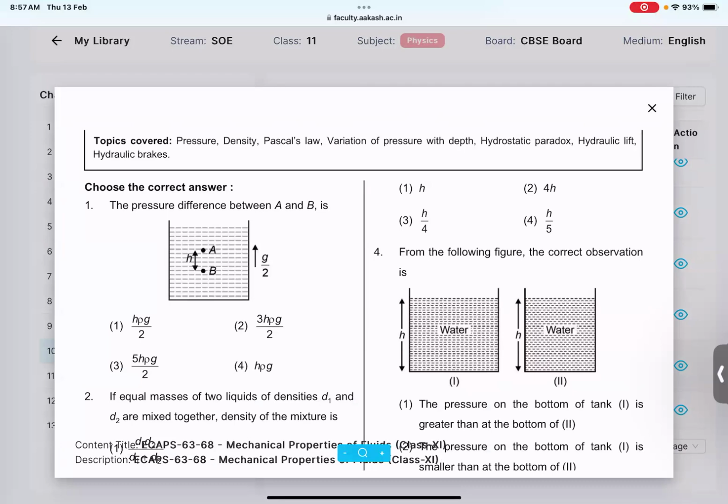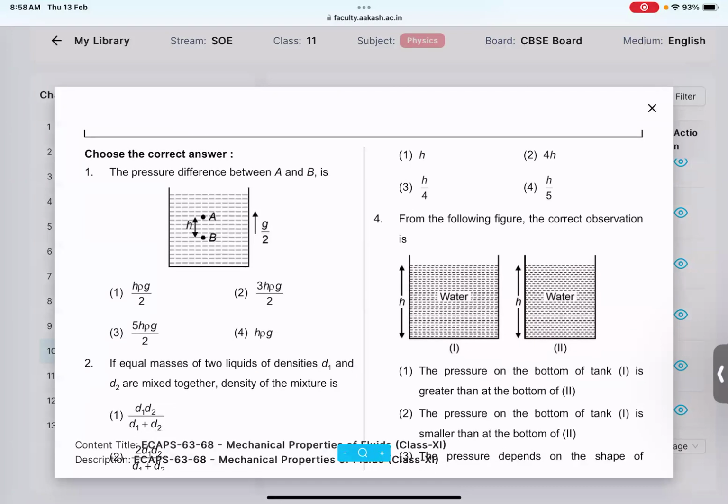Okay. Can you see these questions? Yes, sir. Okay.